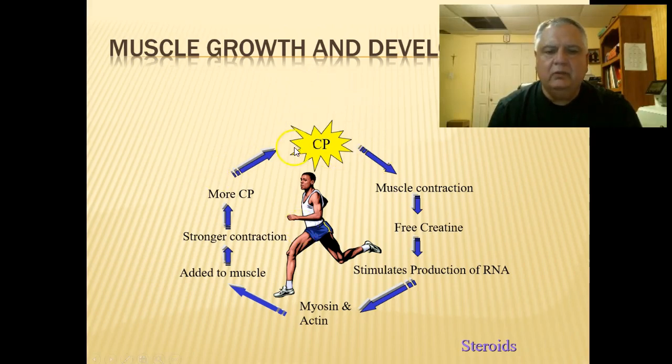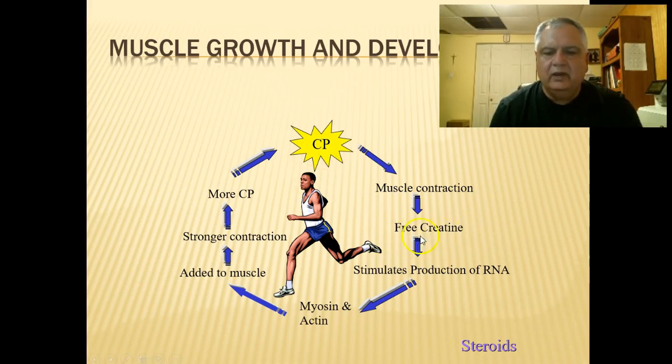When the ATP supplies become depleted, creatine phosphate is then used to regenerate the ATP to continue the muscle contractions. But as this phosphate group is transferred from creatine phosphate to ATP, that creates free creatine inside the muscle cytoplasm.